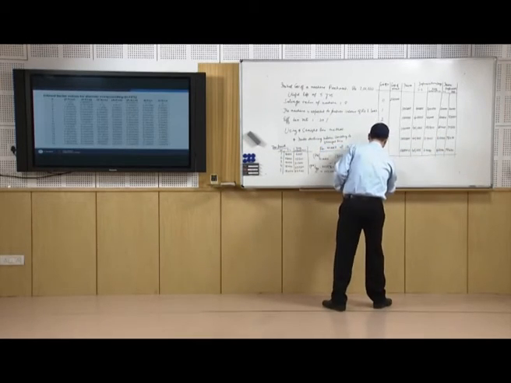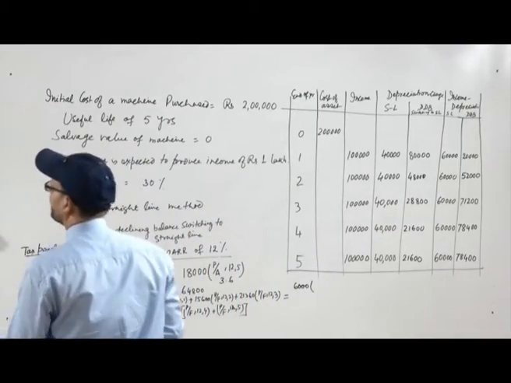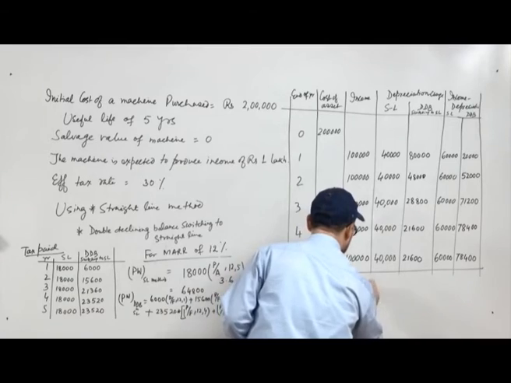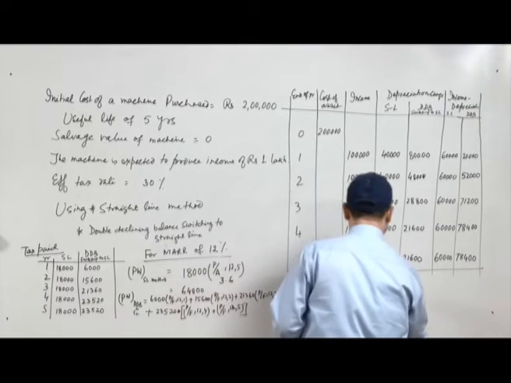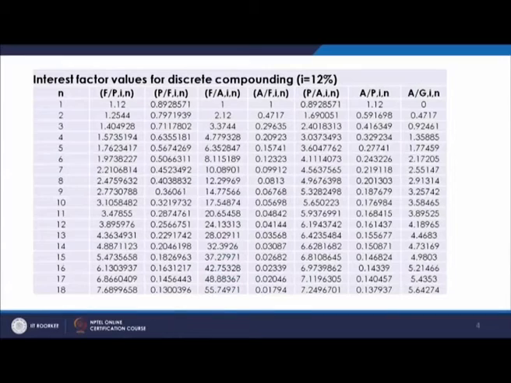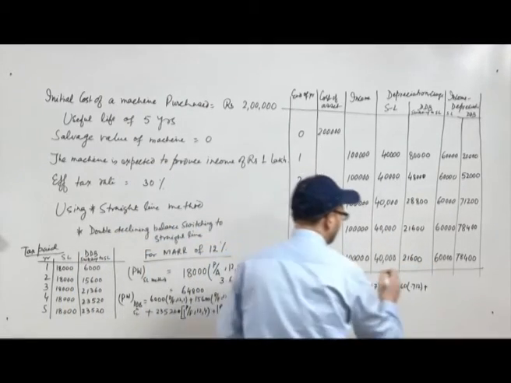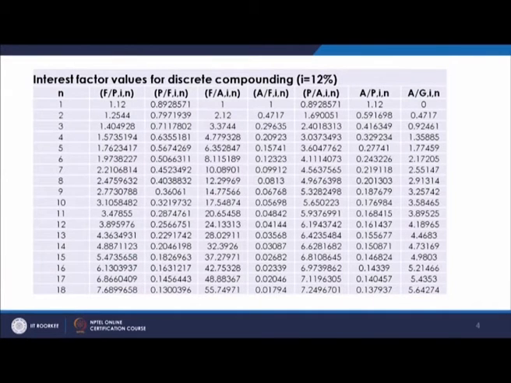Now, if we compute these values: 6,000 multiplied by 0.893, plus 15,600 multiplied by P by F 12.2, which is 0.797, plus 21,360 multiplied by 0.712, plus 23,520 multiplied by 0.635 plus 0.567.